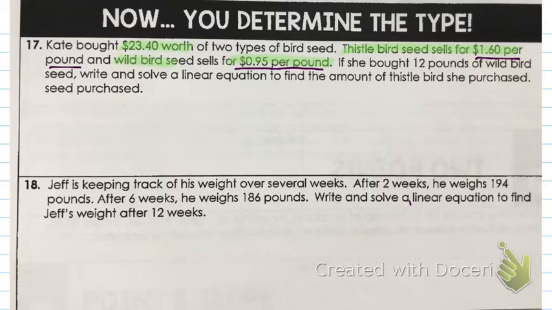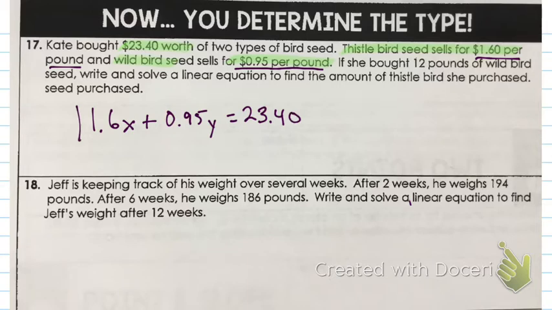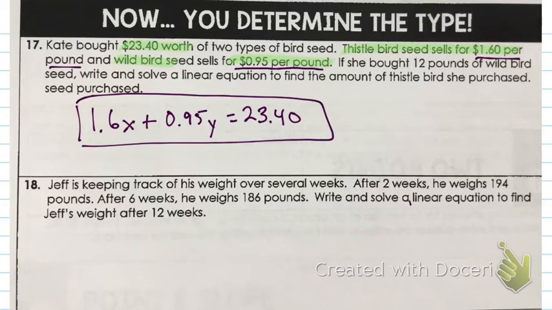Standard. Standard, so check this out, man. $1.60 a pound plus 95 cents a pound gives us a total of $23.40. Y'all seeing that?